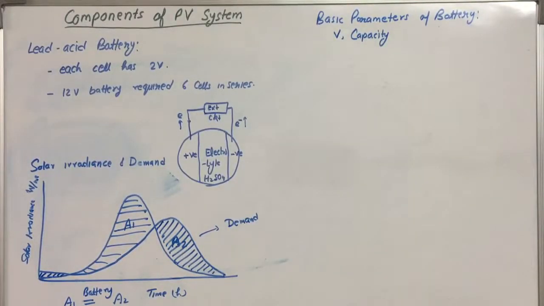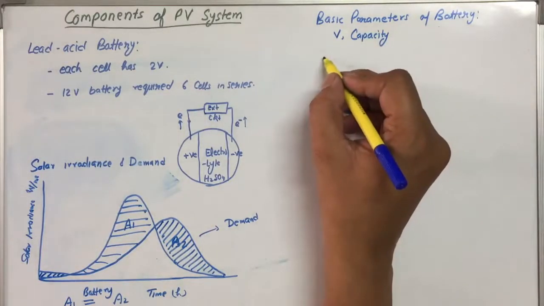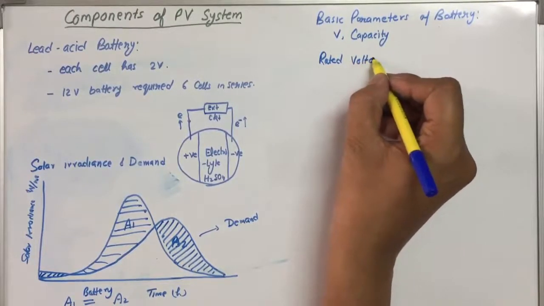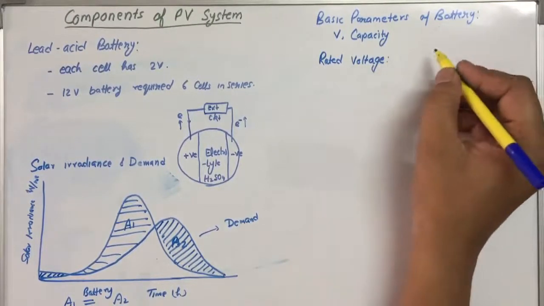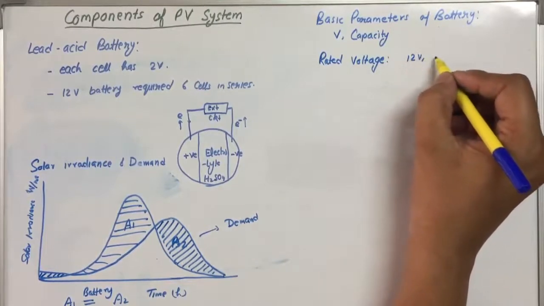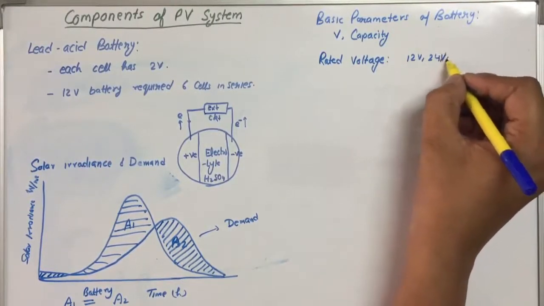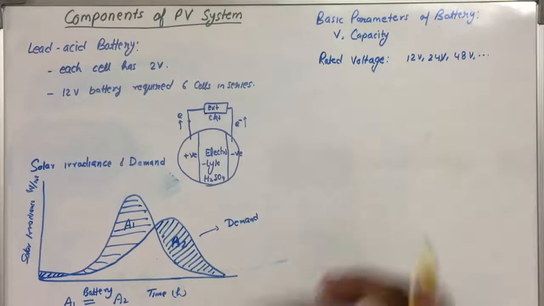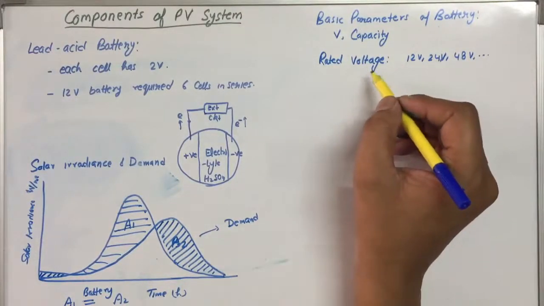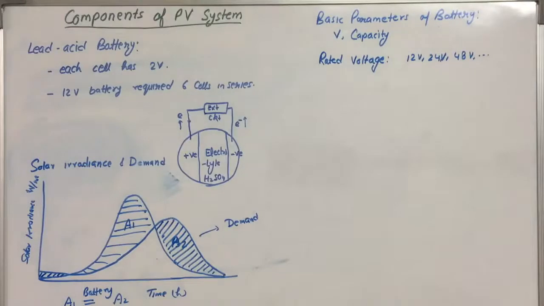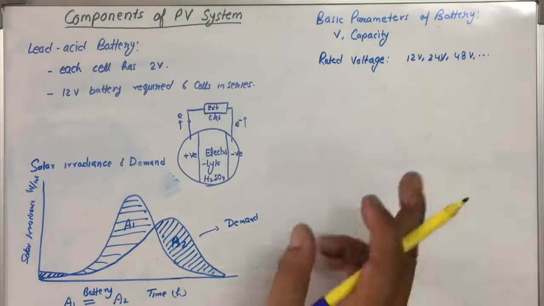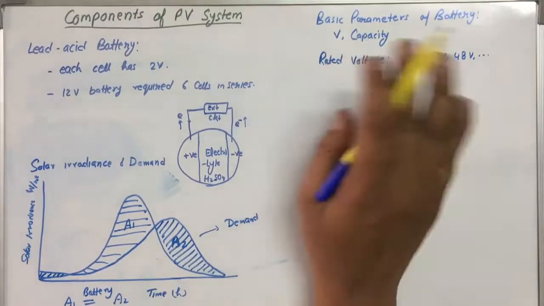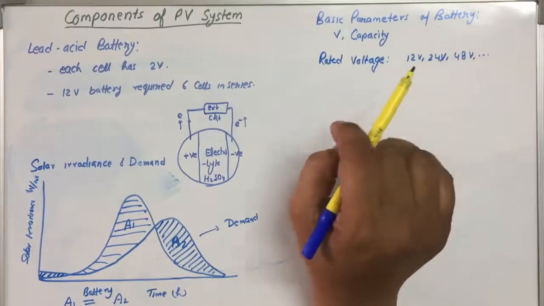For example, the rated voltage for a lead acid battery is 12 volt. It may be 24 volt or 48 volt and so on. This rated voltage is the nominal voltage at which the battery is supposed to operate. However, a battery can attain any voltage by interconnection at system level.